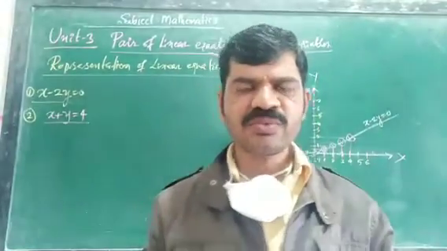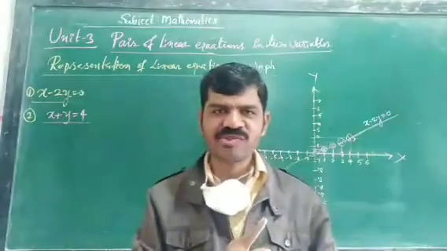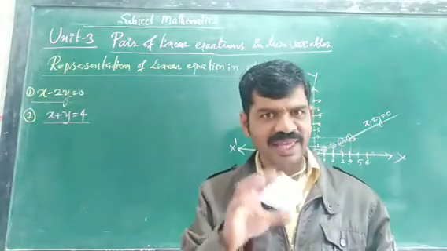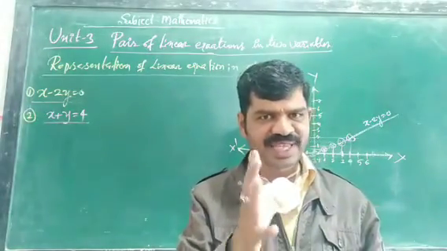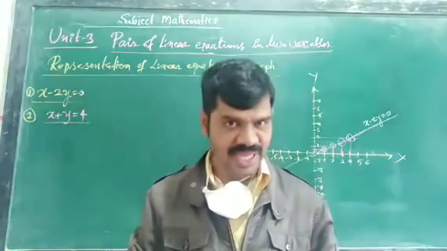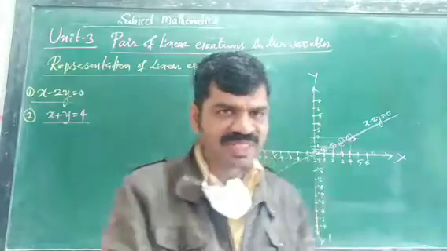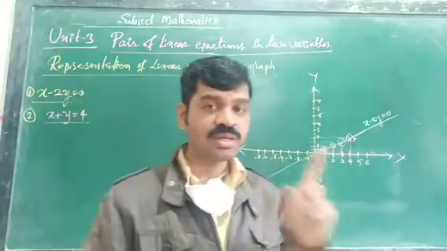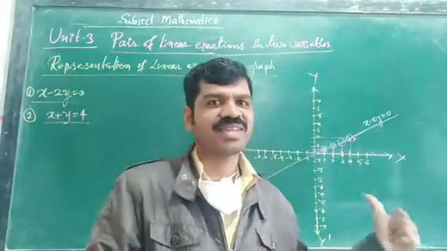Yes, dear students, I have taken one more linear equation, that is x plus y is equal to 4. Here also we are going to provide the value of x so that we obtain the value of y, and that will be represented in the same graph. Then how will the line be in this graph? Let us see.